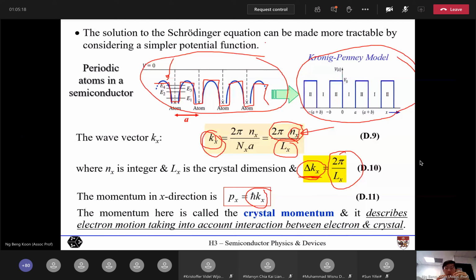You actually have interaction with the different atoms taken into account, because that's what you put into the Schrödinger equation, and the final solution has the effect of interaction with the atoms. So collectively we call this a crystal momentum. It's not the free space momentum, like in the case of classical mechanics.